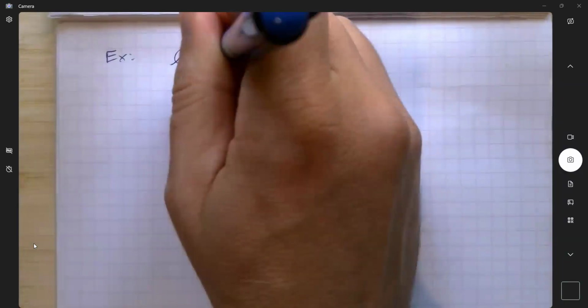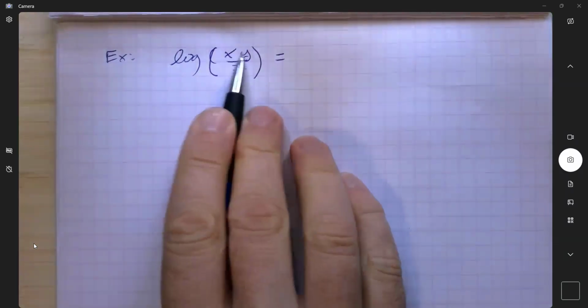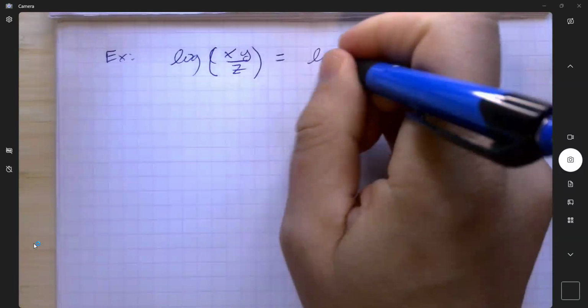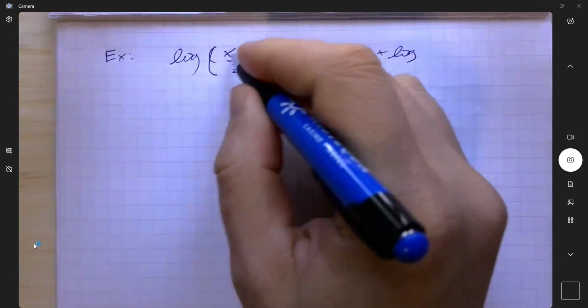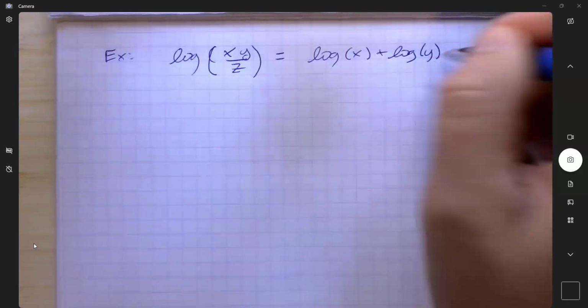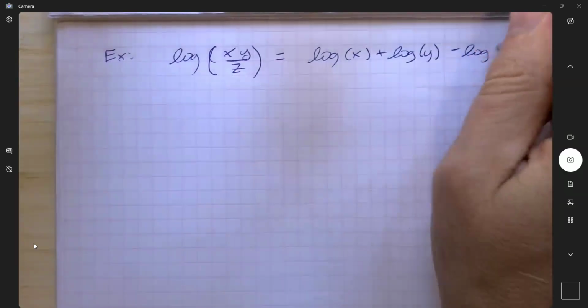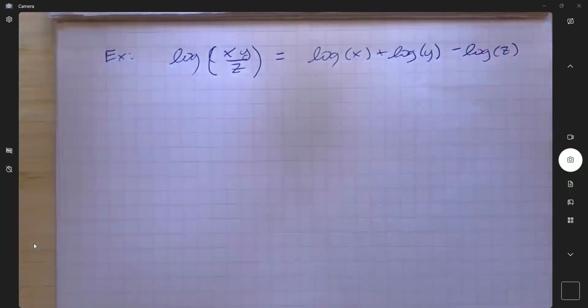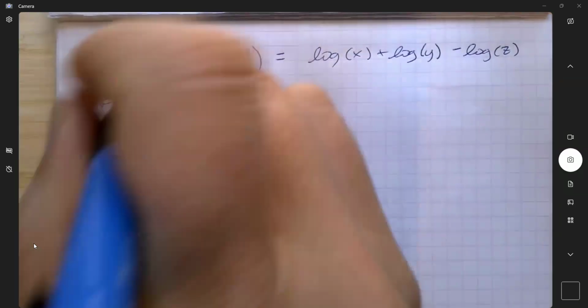So as an example, I could do log of x times y over z. Rule number 1 says I can split my log of x times y into my log of x plus log of y. And rule number 2 says I can take that division and turn it into a minus log of z. I'll do another example.